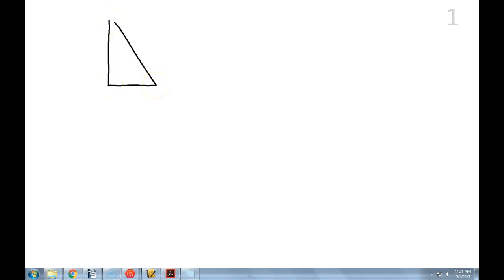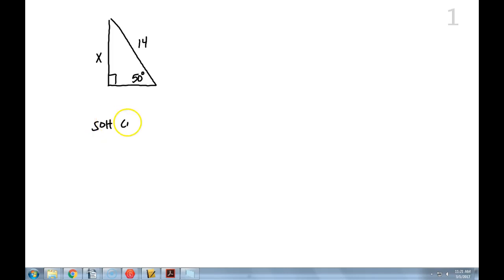So if I go back to a problem here and I have the 90, and let's say this is 14, and let's say this is, I'm just making something up here, 50 degrees, and I'm like, hey, let's find out what x is. You now have two different ways to solve it.